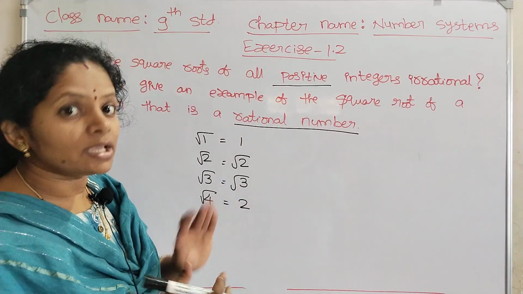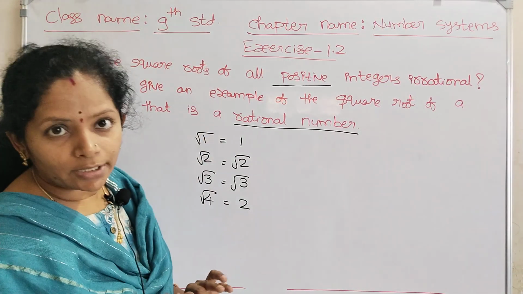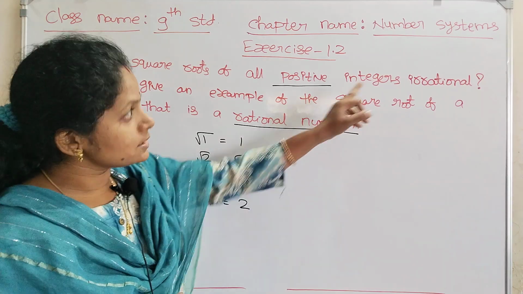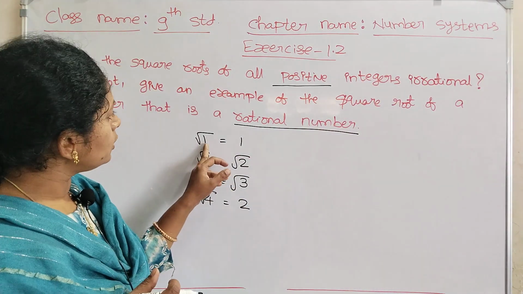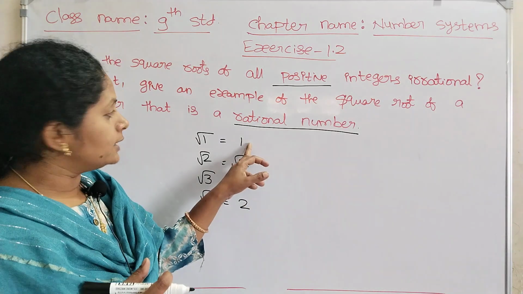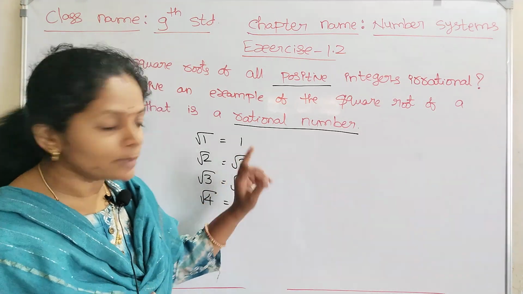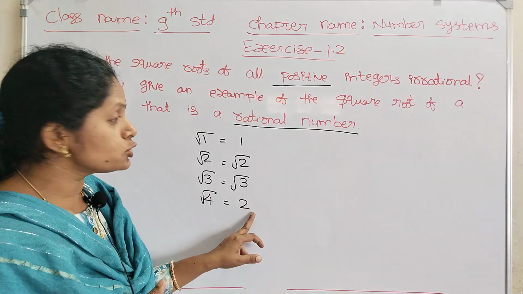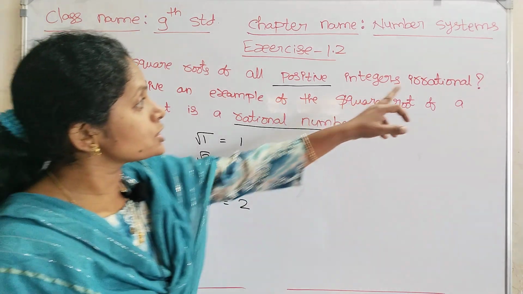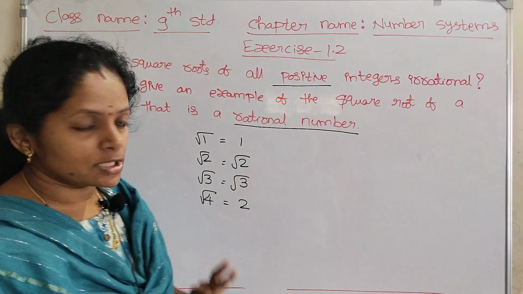Now, the meaning of this question is, if we are taking the positive integers and applying the square root on them, is every number irrational? No, it is not the case. Root of 1 is just 1. It is not irrational, it is a rational number. And root of 4 is 2. It is also not an irrational number, it is rational.